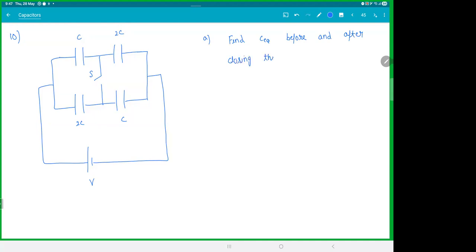If you close the switch and open the switch, the whole circuit changes. How much charge flows through the switch when it is closed? When you close the switch, some charge will go through it. That would be a good one.